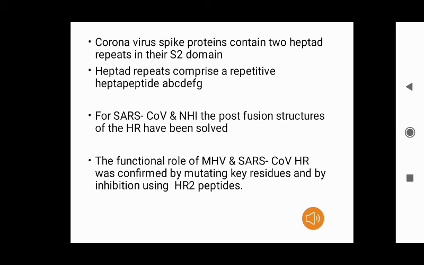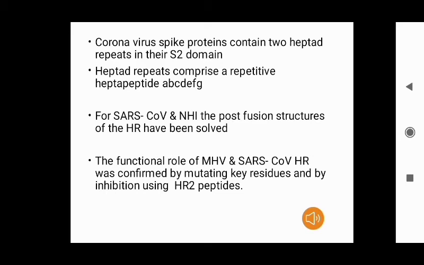For SARS-CoV and MHV, the post-fusion structure of the HR has been solved. They form the characteristic 6 helix bundle. The functional role of MHV and SARS-CoV HR was confirmed by mutating key residues and by inhibition experiments using HR2 peptides.